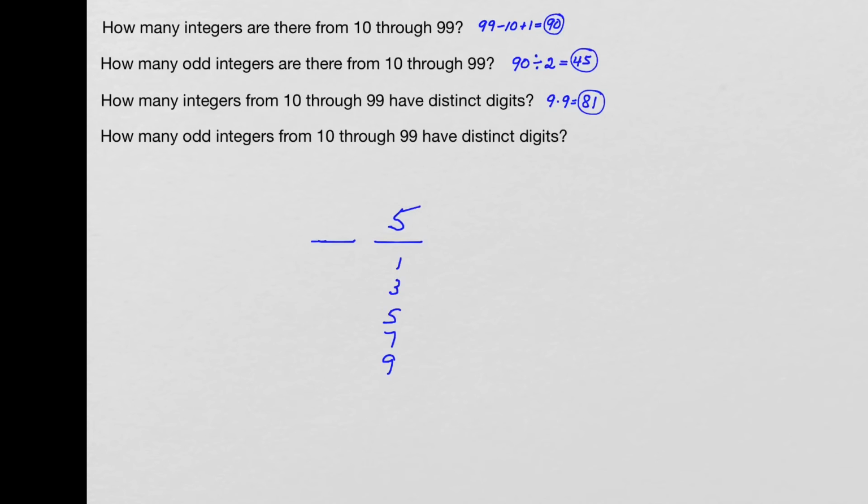And the first digit can be anything from 1 through 9, so that's 9 possibilities. It just can't be 1 if our second digit is 1. It can't be 3 if our second digit is 3, and so on. So it's 1 through 9, but then there's 1 that we have to take away. So 1 through 9 is 9, but taking away 1 brings us down to 8. So we have 8 times 5, which gives us 40.